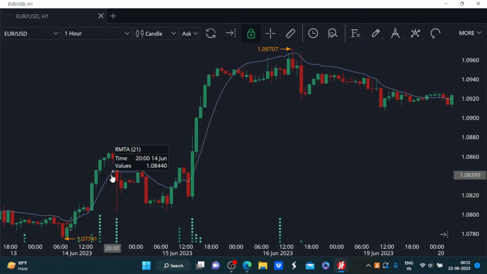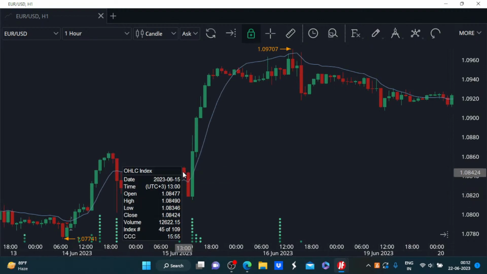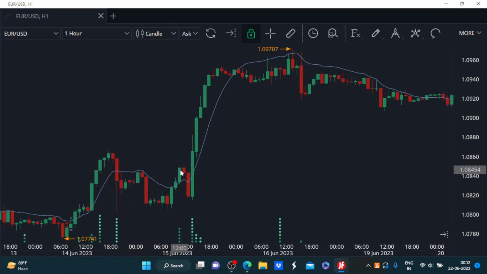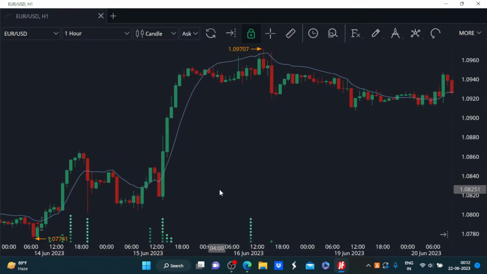Earlier in the day, the momentum was bearish for a while, then it crossed above the RMTA, but it couldn't really sustain. It dropped and eventually it crossed again. So this kind of move where it continually crosses from one side to another can also result in many false signals. So that is also a possibility which you need to watch out for.